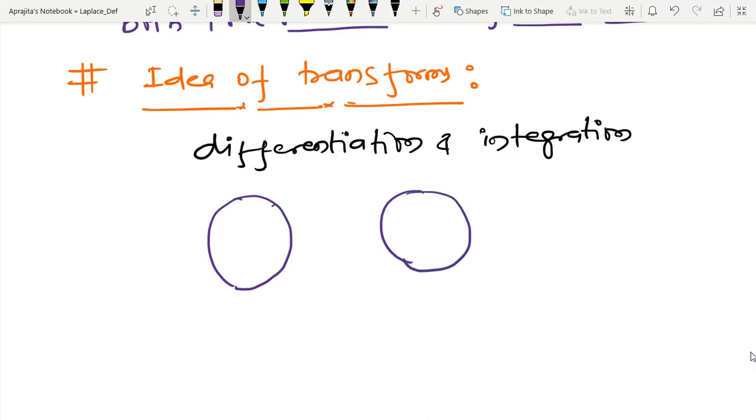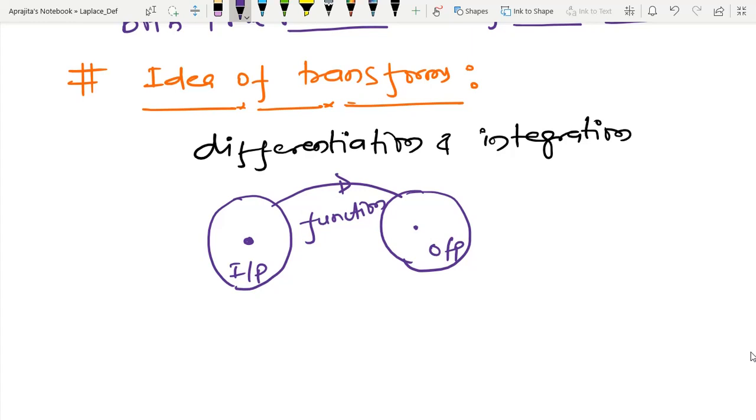Whenever I am applying these kind of operations, that is either differentiation or integration, then I am giving some kind of input, and after that I am getting some kind of output. So this is my input and this is output, and somehow I have a relation between input and output. And that is nothing but some kind of function.